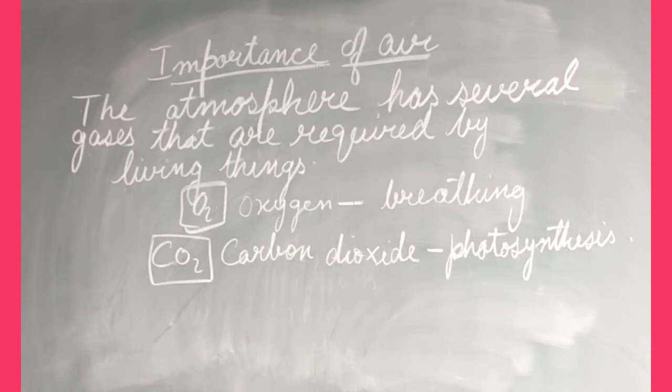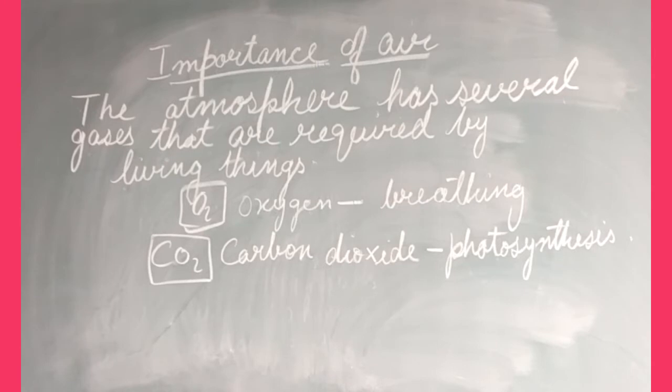One more gas is helium, and this helium gas is also very important. Why? Because it is filled in the gas balloon. You see big gas balloons outside that fly in the air. In that balloon, helium gas is filled.